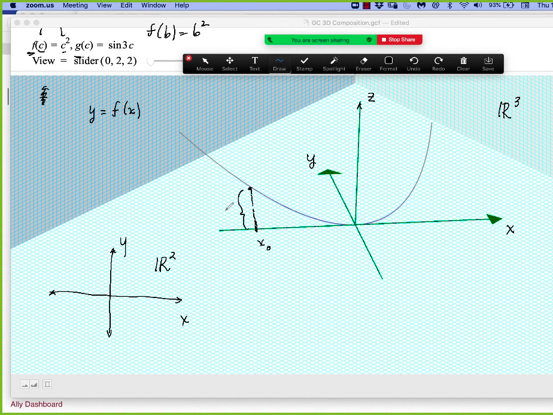And I want that length right there. I want to represent that length in as many ways as I can. So what's one way I could represent that length given our functions and variables? What's one way? Somebody new.